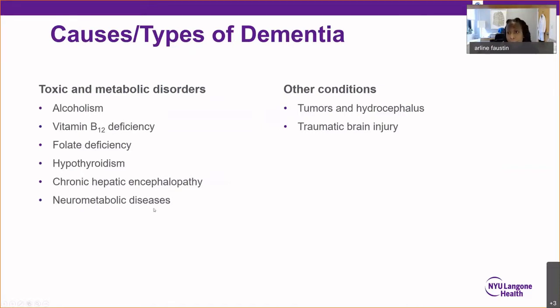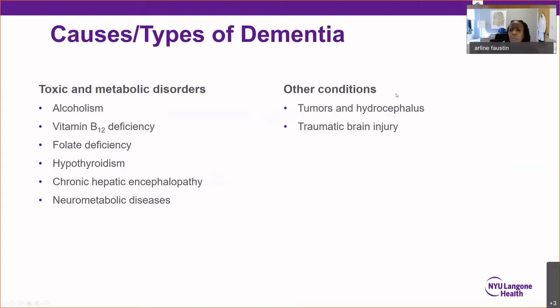Any metabolic diseases, basically, if there's an imbalance of your electrolytes in your body. A lot of times you'll have elderly people who are suddenly confused. They come to the hospital and a lot of times they just need fluids. So it's that dehydration and the buildup of those molecules in your body, and the imbalance can also affect your brain. Other conditions: tumors, naturally, and hydrocephalus.